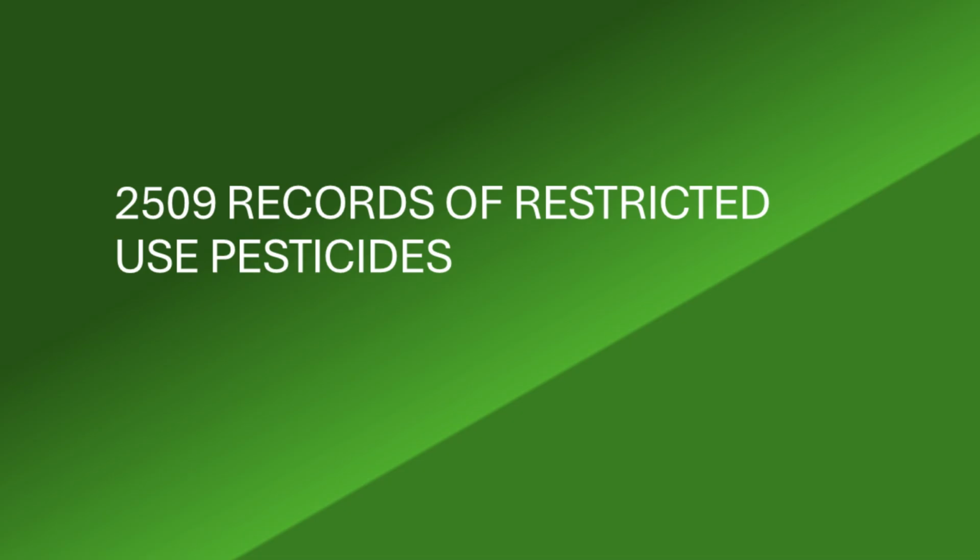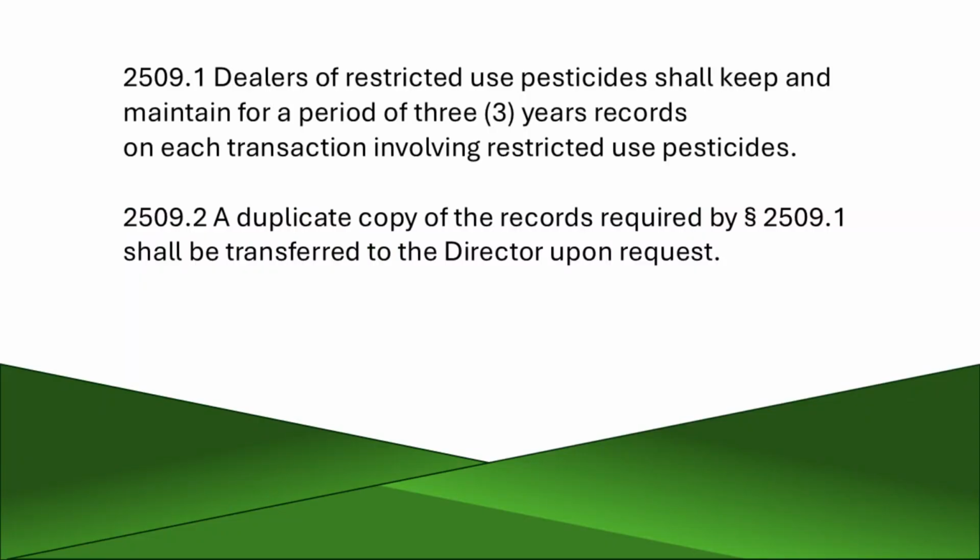Records of restricted use pesticides. 2509.1. Dealers of restricted use pesticides shall keep and maintain for a period of 3 years records on each transaction involving restricted use pesticides.